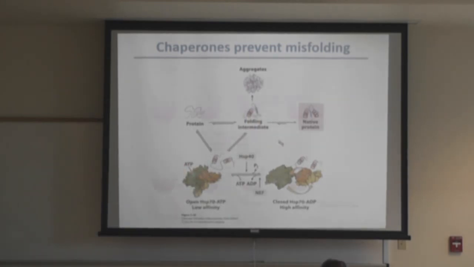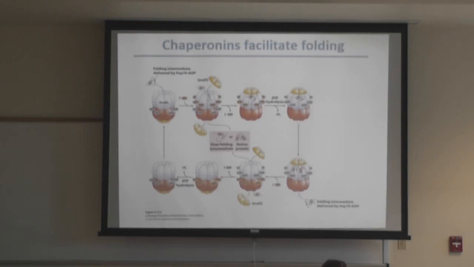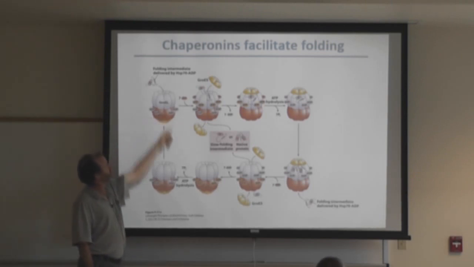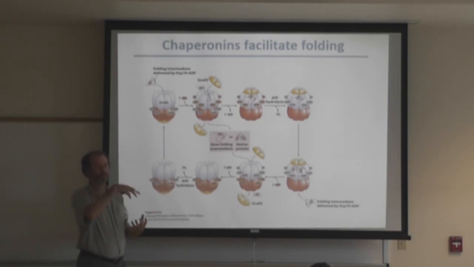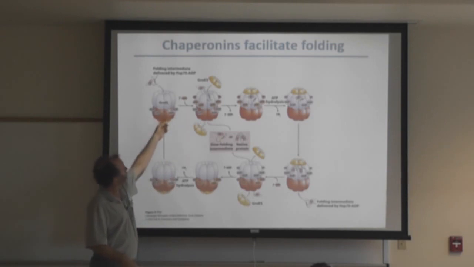So there's one group of proteins called chaperonins, and basically they're found in E. coli. The GroEL is basically like a folding machine. So the unfolded protein will go in, and it's an ATP-dependent process.